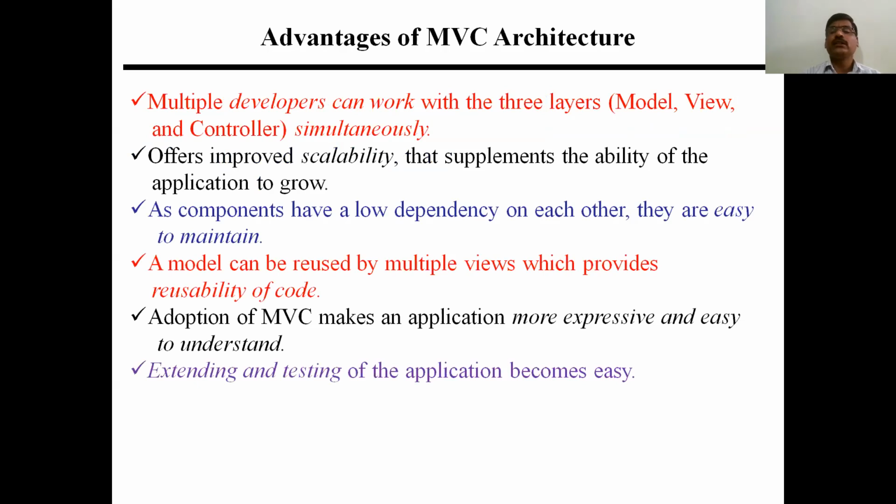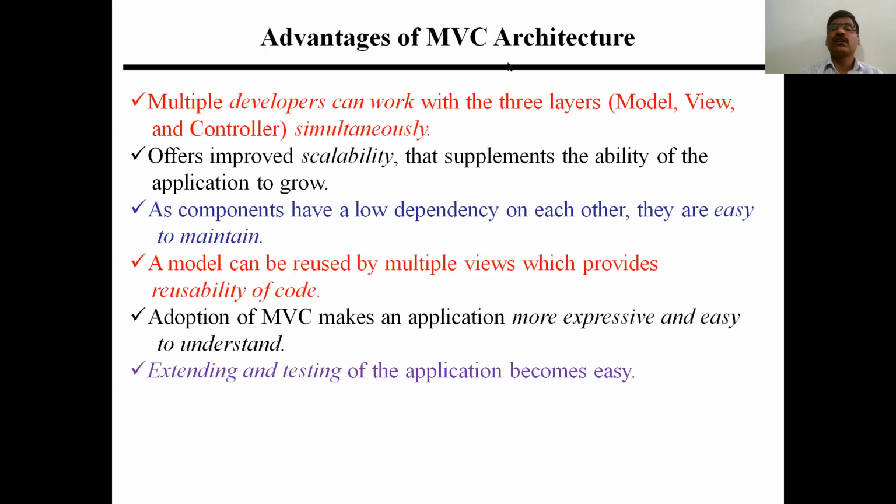Because we are separating the application development, the model will be designed separately, the presentation, that is the view, will be designed separately, and the controller will be designed separately. Since we are separating these tasks, multiple developers can work with the three layers simultaneously.